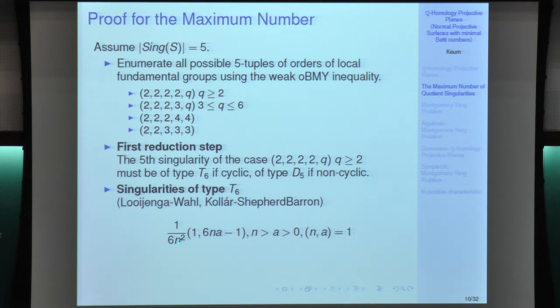The order is 6n squared, and the type is 1/(6n^2)(1, 6na-1). I'm using the notation given by Professor Miles Reid. Here n is any number, and a is any number coprime to n.